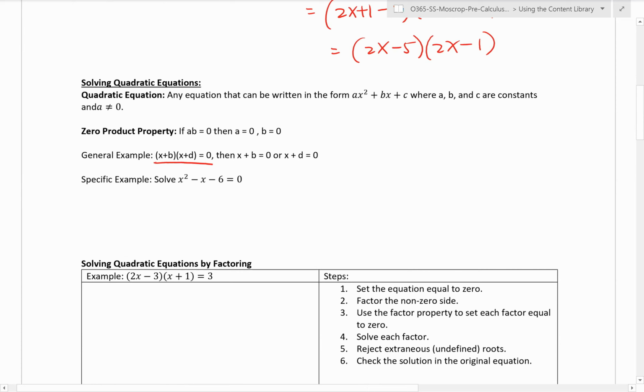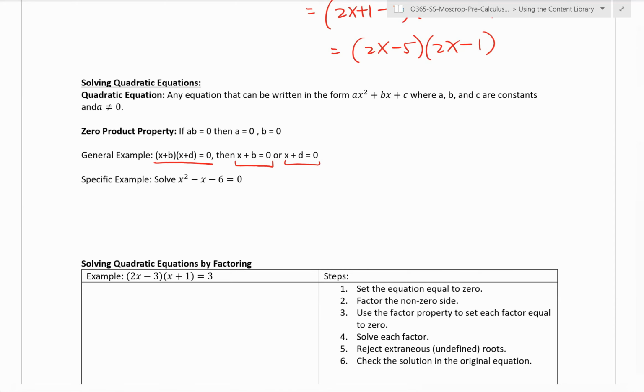It doesn't have to be just x; it could be 2x, 3x, or 5x plus 5 times 2x minus 3. Once you have factors, either the first set of brackets equals 0 or the second set equals 0, because anything times 0 is 0. That's how we are going to solve quadratic equations.